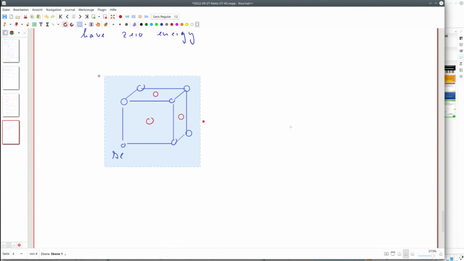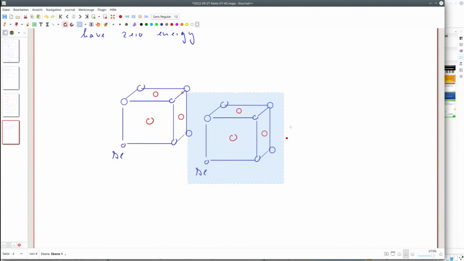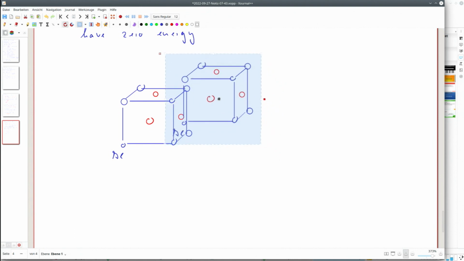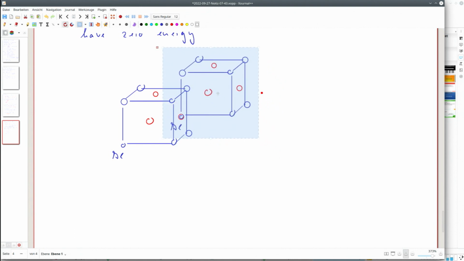So we can have the same structure like this here.